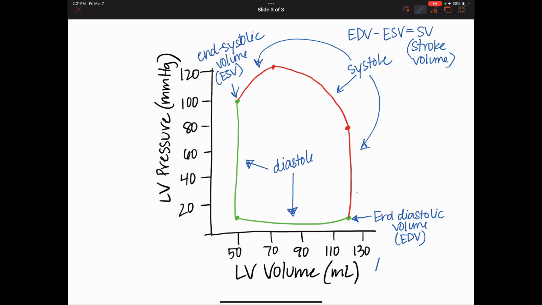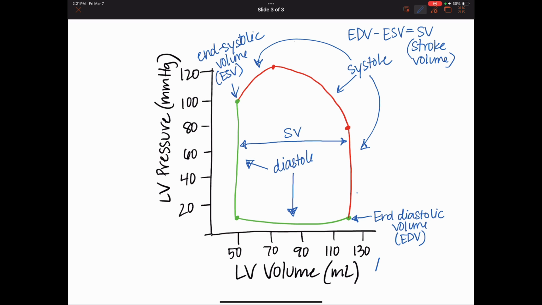So stroke volume is the difference between end diastolic volume and end systolic volume, and we find that by looking at the width of this PV loop. So wider PV loops will have larger stroke volumes, narrower PV loops will have lower stroke volumes. You can also calculate it by looking at what the end diastolic and end systolic volumes are as well.